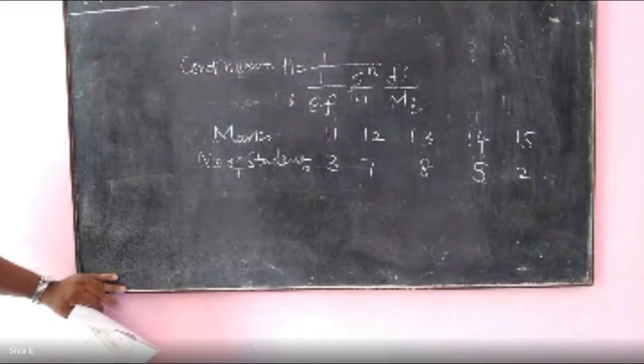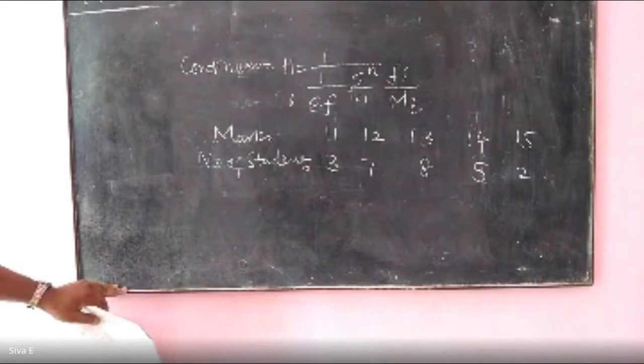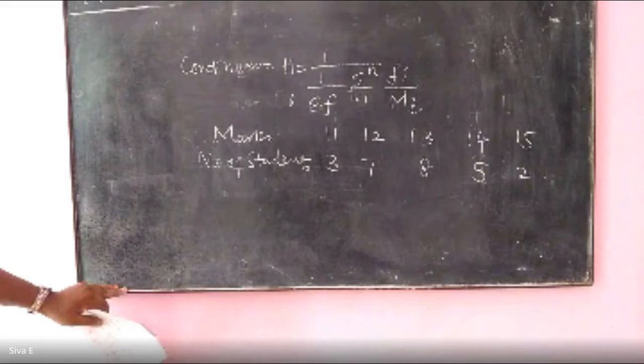Marks of the students: 11, 12, 13, 14, 15. Number of students: 3, 7, 8, 5, 2.